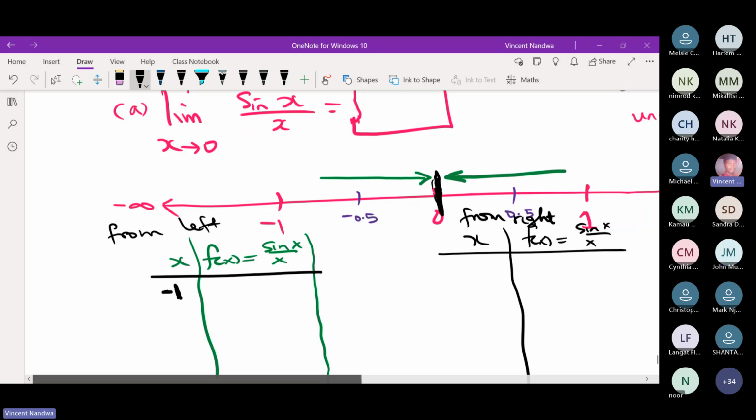Tell me the value of sine of -1 over -1. What is sine of -1 over -1?